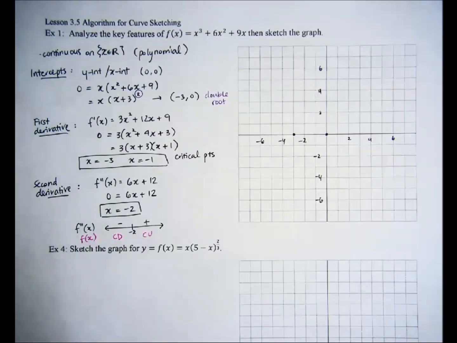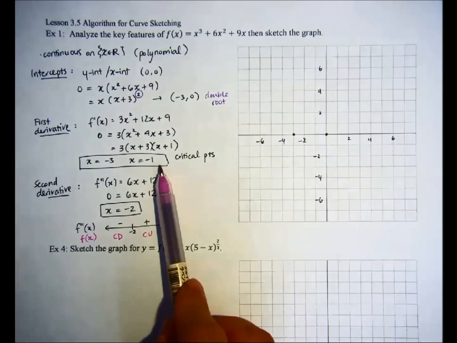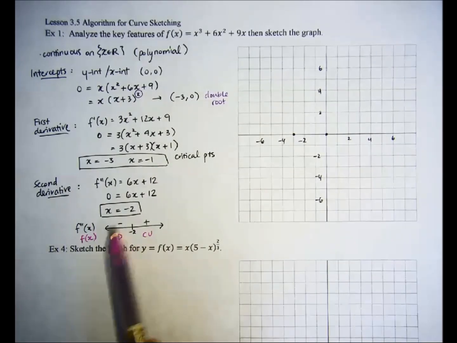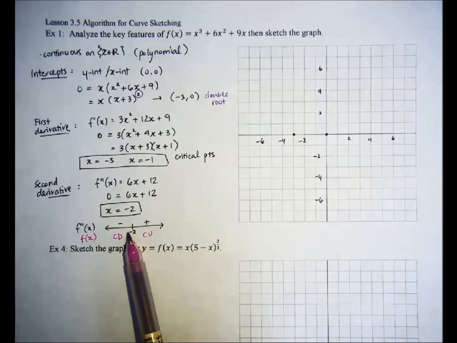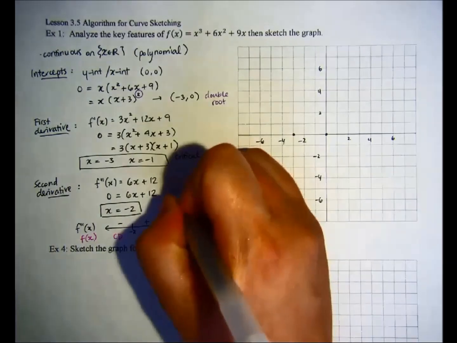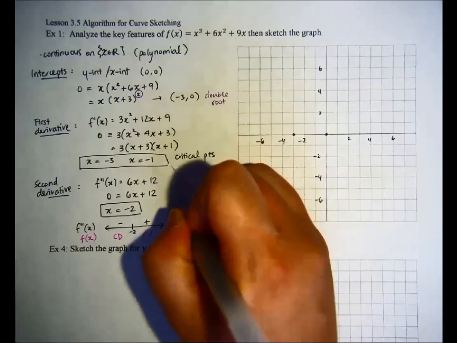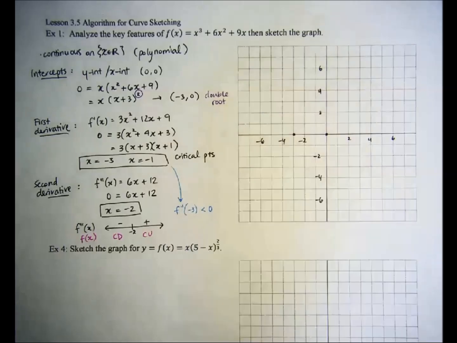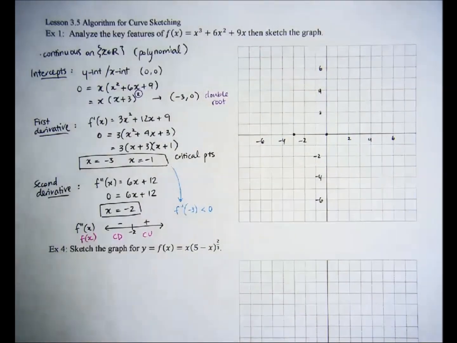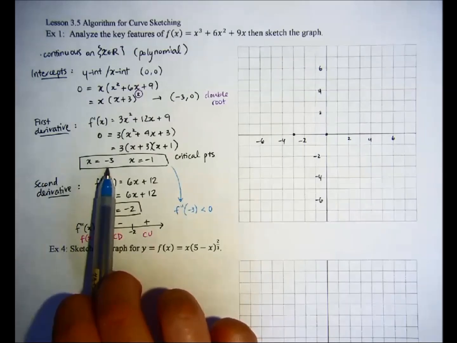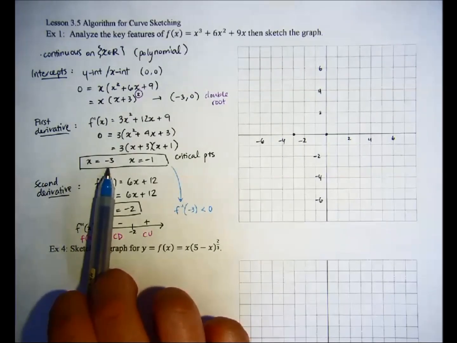And then because I have my 2 critical points at -3 and -1, -3 will fall here when x is less than -2. So I know that the second derivative is going to be negative. So second derivative of -3 is going to be negative. And when the second derivative is negative and f prime, the first derivative, is equal to 0, then we know that we're going to have a local maximum.